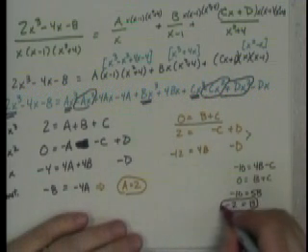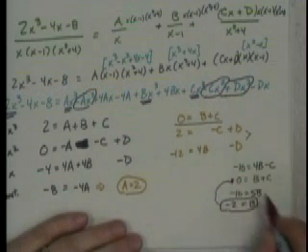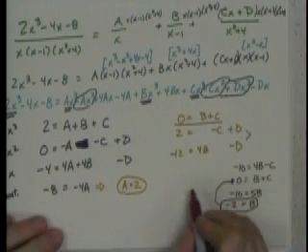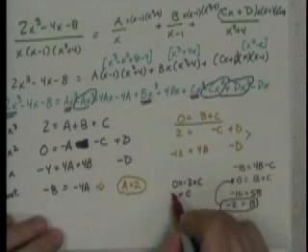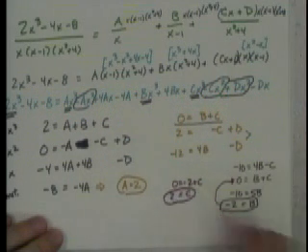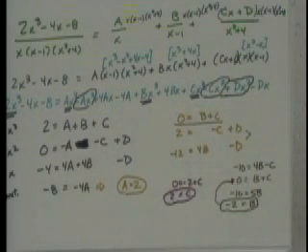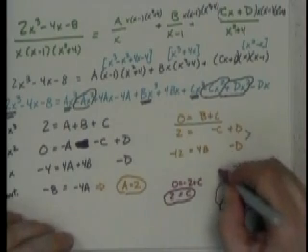And if B is -2, I can substitute that into this one. So 0 equals -2 plus C, so C is 2. I can also substitute into the one up here.